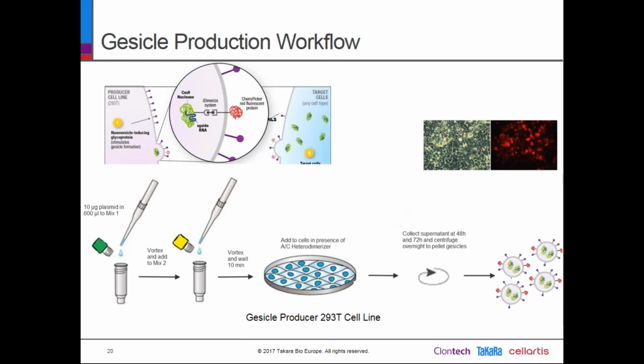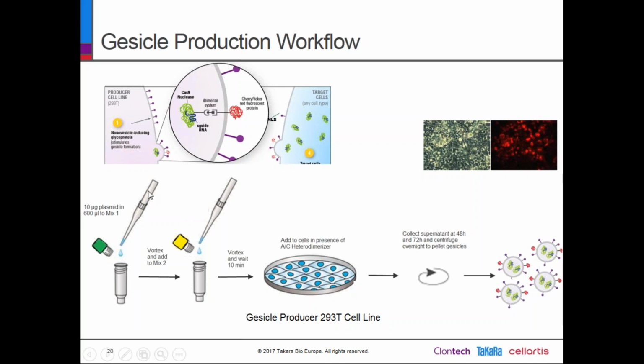So to summarize this workflow, what you will get in the kit are the jasicle packaging mixes, and you will get a plasmid to clone in your target-specific guide RNA.